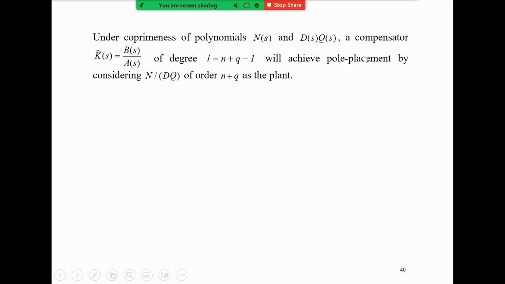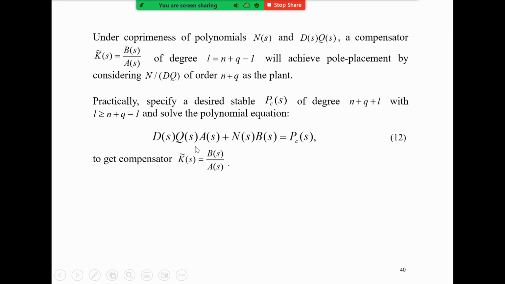Just follow the solution we gave you in part 1. You're given a transfer function of the plant, and you find the controller to make the poles of the closed loop be at some desired positions.